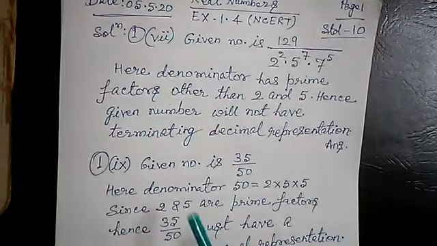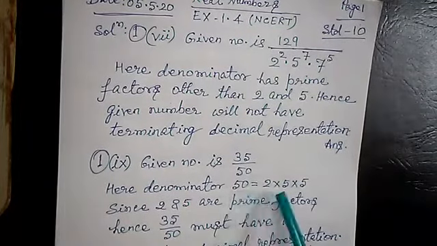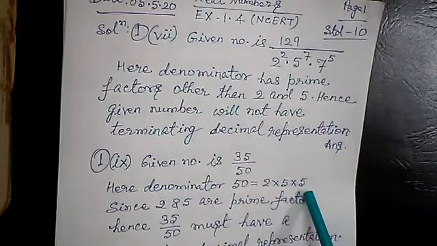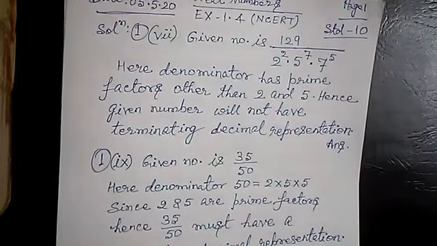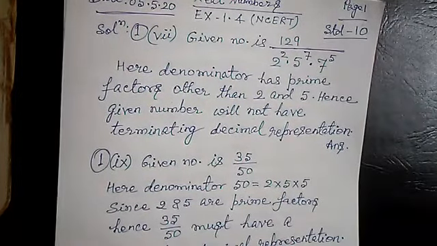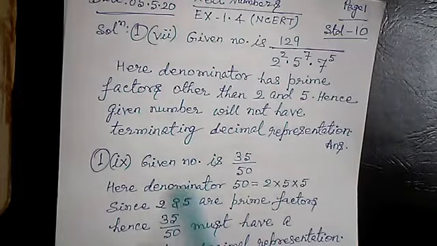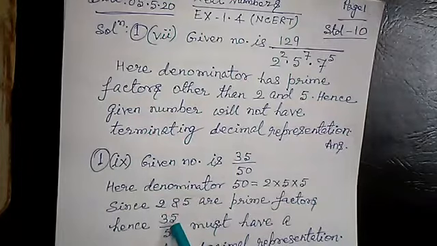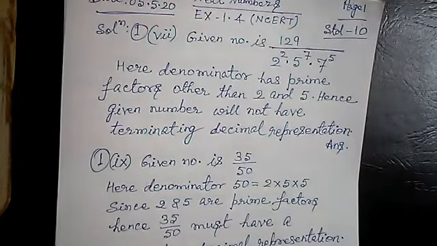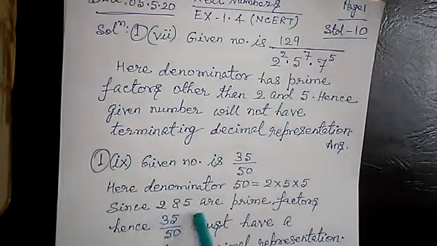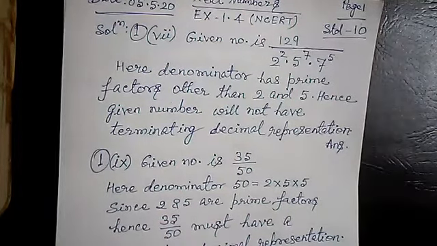Here you see the denominator 50 has been factorized and the factors are 2 into 5 into 5, that is 50. Since 2 and 5 are the prime factors, 35 upon 50 must have a terminating decimal representation because only 2 and 5 are present there.